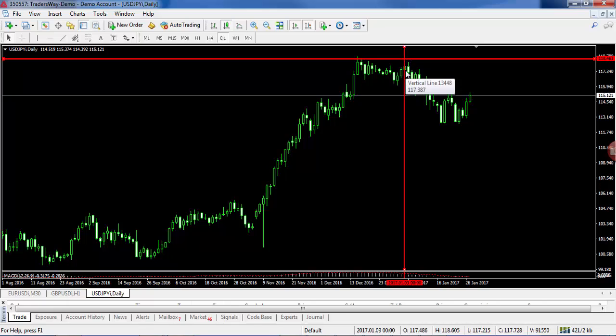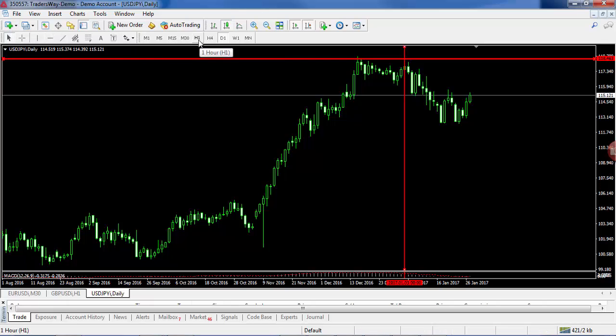We want to see what happened on the smaller time frame when price got into this level of resistance. We've already identified that price came into this area, into this price point, and got rejected. Price came down, rallied back upwards.